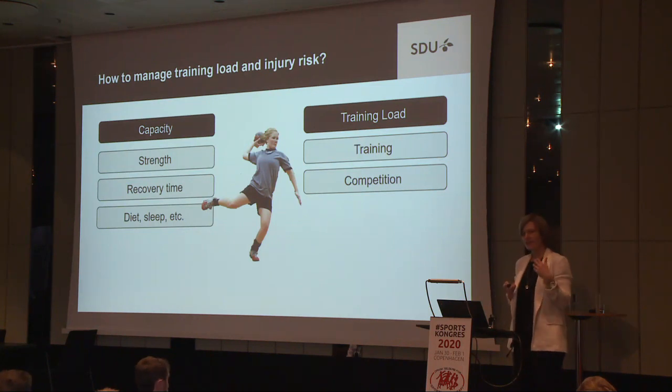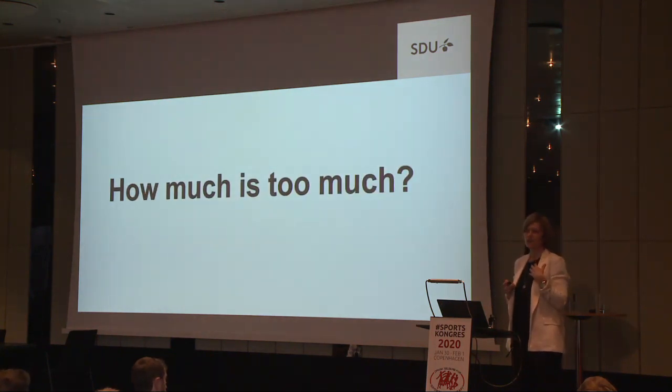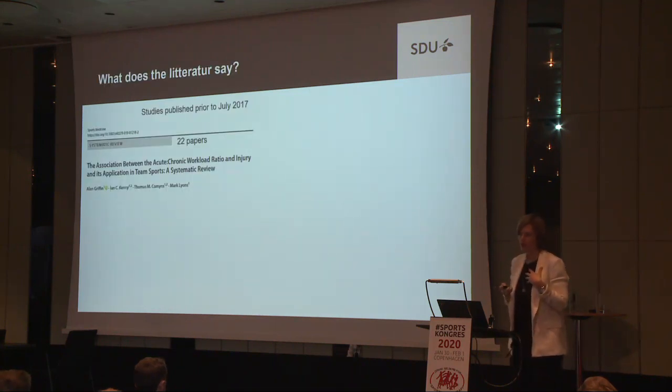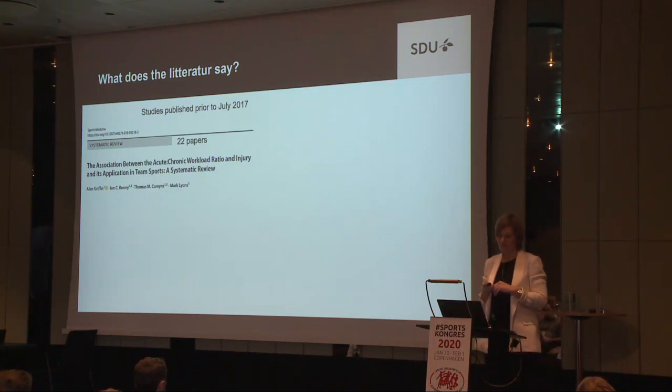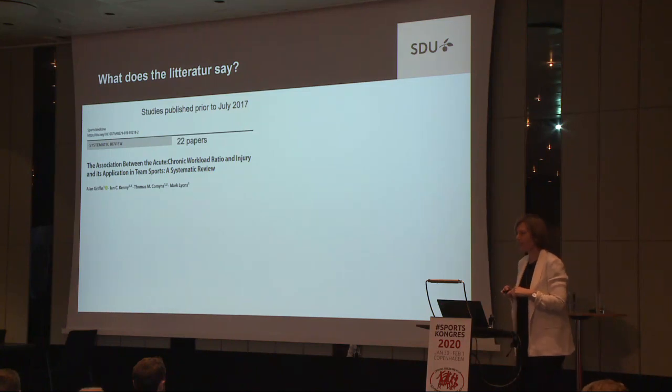So the question then is, how much is too much training load for these youth athletes? And actually there are two recent systematic reviews looking into that. And you may be surprised to read the key points after you've heard Alan's talk.